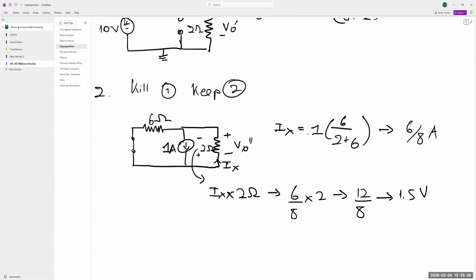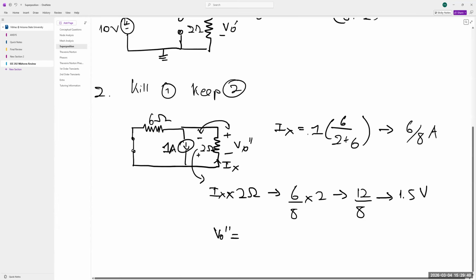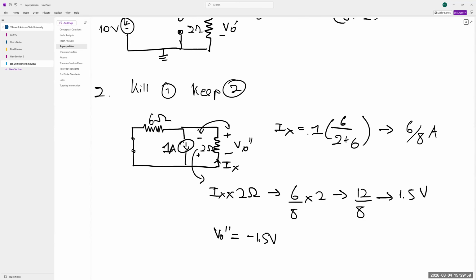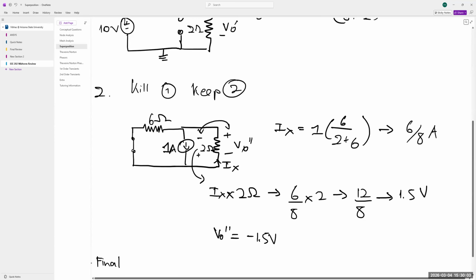However, you might notice that in this convention, this is opposite to the output voltage we want to find, right? They're exactly opposite. Therefore, VO double dash is just going to be the negative of that calculation we did. So negative 1.5 volts.